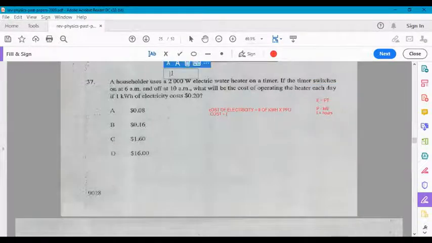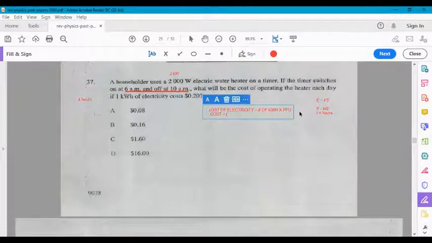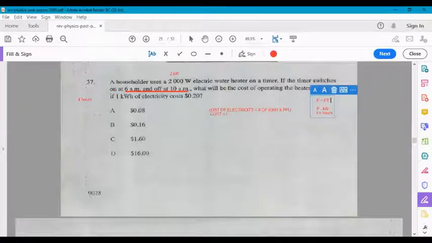So here we have 2000 watts, that's equivalent to 2 kilowatts, and our time is given to us right here. We have a time period 6 a.m. to 10 a.m. 6 to 7, 7 to 8, 8 to 9, 9 to 10, that's a total of 4 hours.